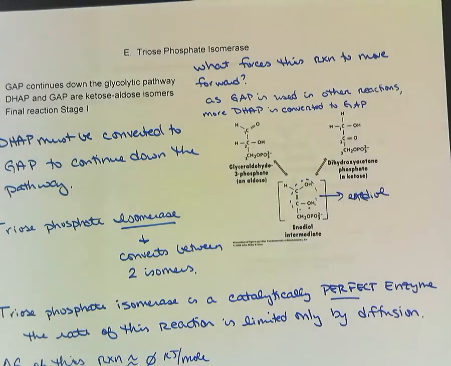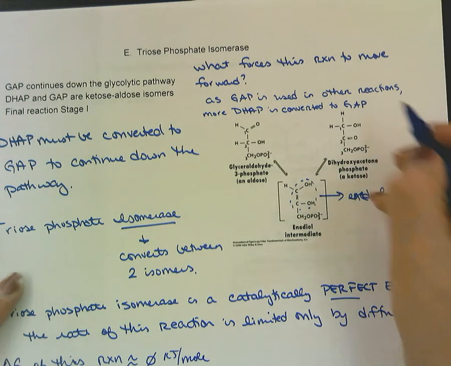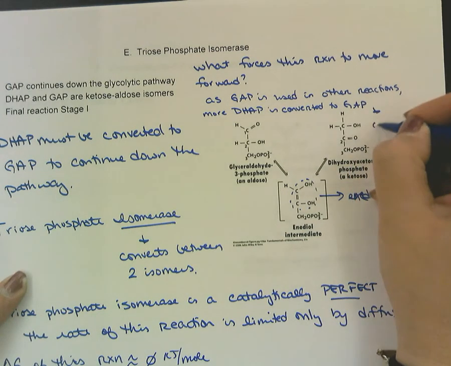As we use GAP in other reactions farther down glycolysis, we're going to have to convert more of that DHAP to GAP to keep using it. So it is a concentration effect.